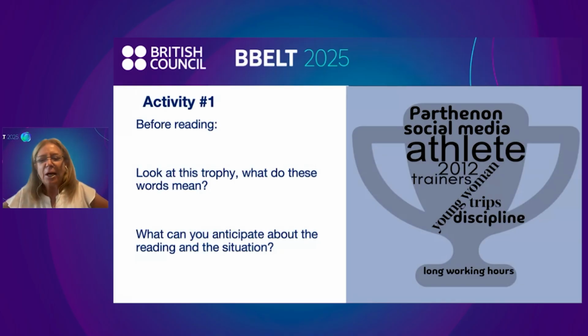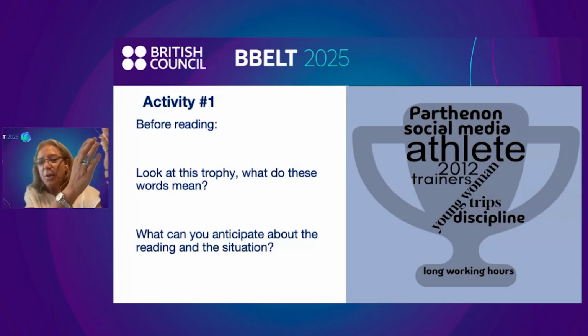So if you take a look at the word athlete, do you think that we're going to be talking about a man or a woman in the next activity? Well, if you take a look at some of the keywords, you might have guessed that it's a young woman. Now, what do you think discipline and long working hours may connect to this athlete?